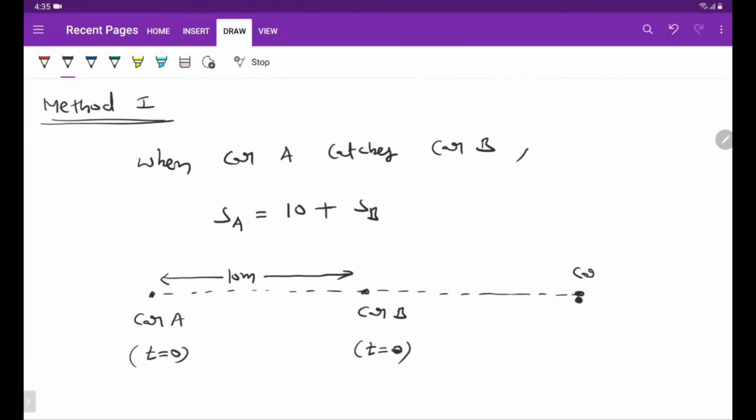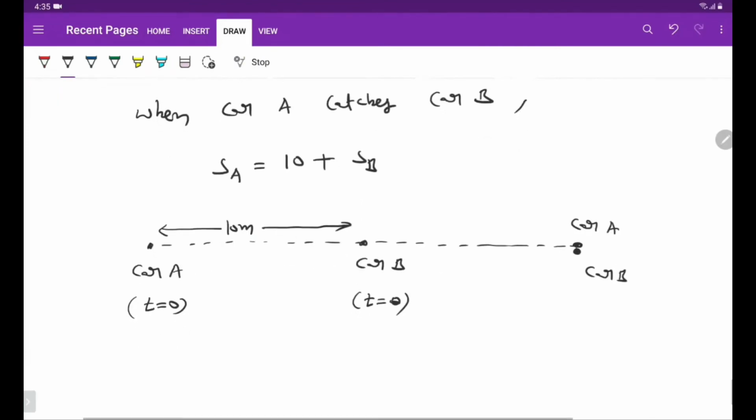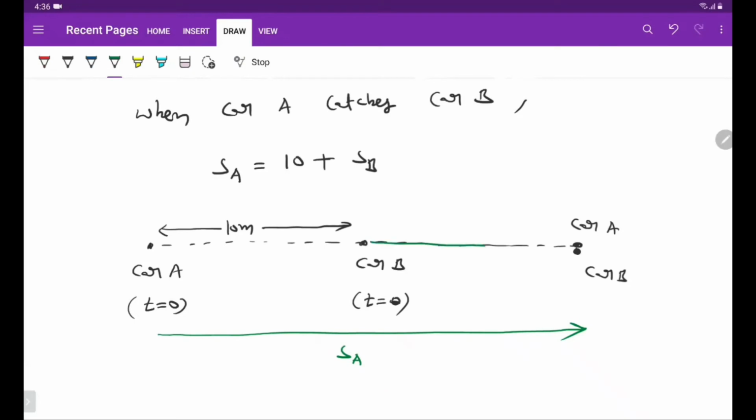This is car A, this is car B. If you look at this diagram, car A travels from here to here, this is the distance traveled by car A, and this is the distance traveled by car B. So from this diagram we can say S_A is equal to 10 plus S_B.